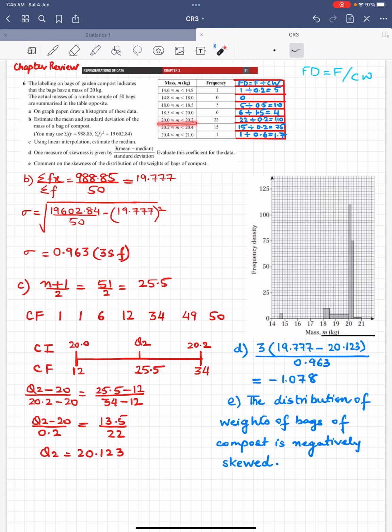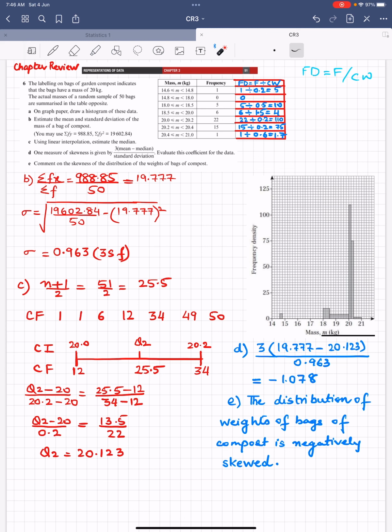In between, we need to find the median, and the cumulative frequency before the fifth class interval was 12, and up till the fifth class interval 34, and we are looking for the 25.5th value. So we calculate Q2. By calculation, we get Q2 as 20.123, and that is the median.